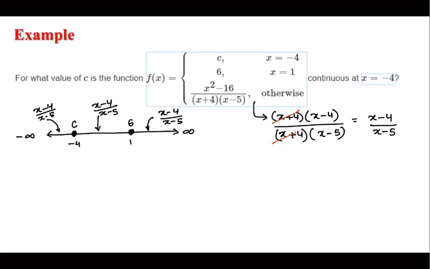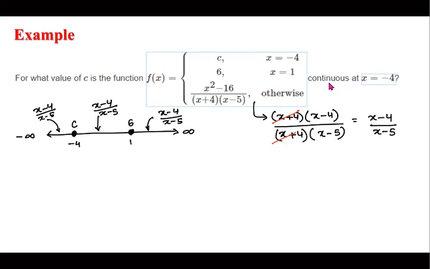That is the meaning. At -4, the function value is c. At x equal to 1, the function value is 6. Otherwise, excluding those two points, the function is x minus 4 over x minus 5, in each of these intervals.